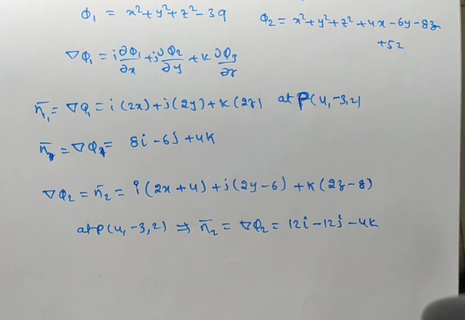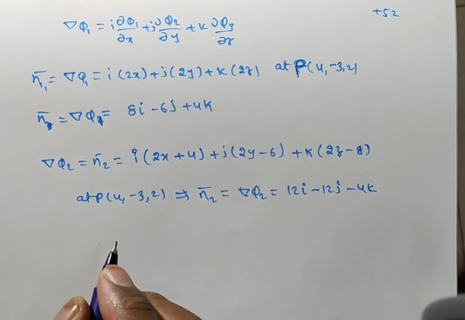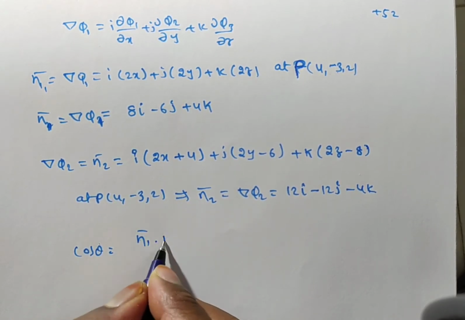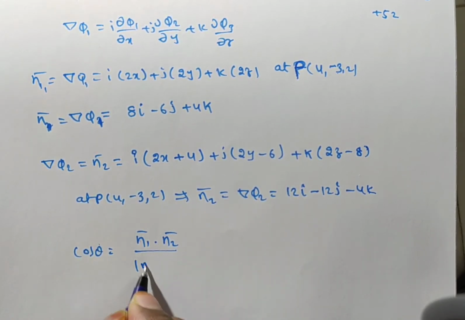Now the angle: we have cos theta is equal to n1 bar dot n2 bar by mod n1 bar mod n2 bar.